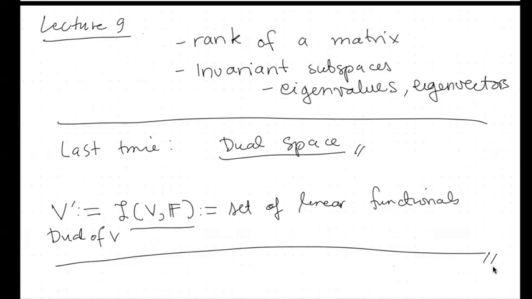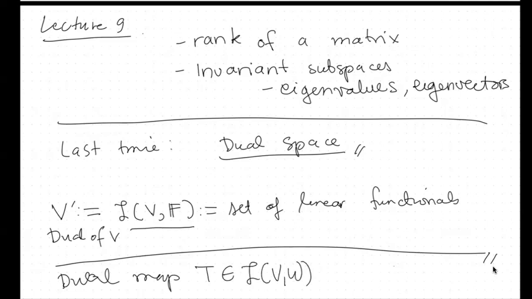We also discussed the notion of a dual map. The dual map of T, which is an element of L(V, W), is T prime.